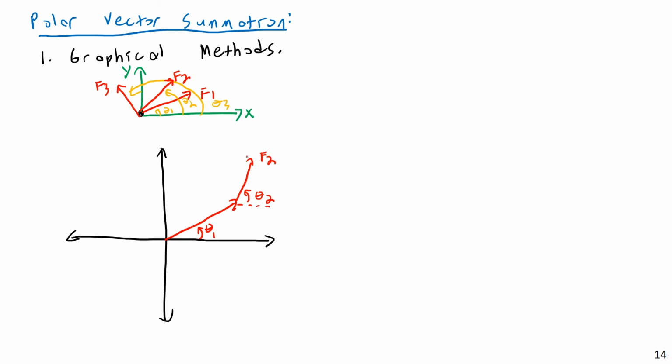And then I would have theta 3, or F3, I should say, like this. And off of an x-axis with the origin at the end of F2, I could find a theta 3.